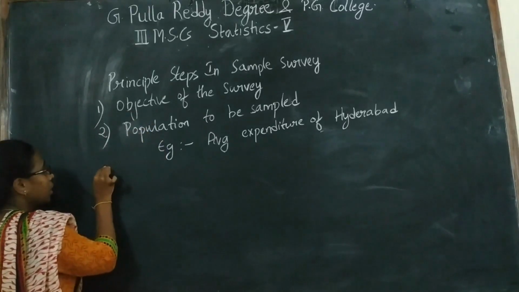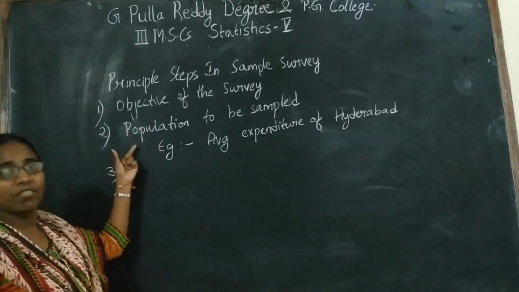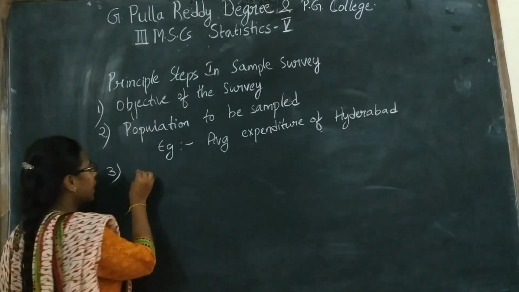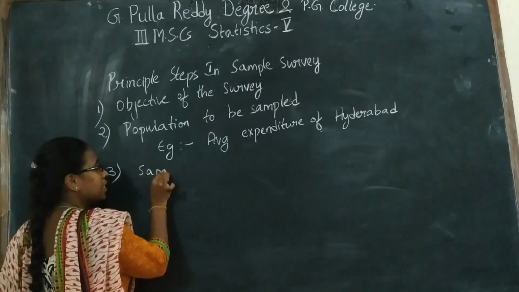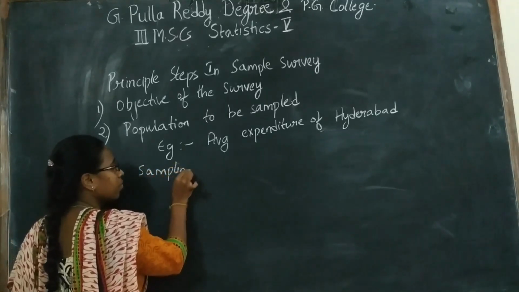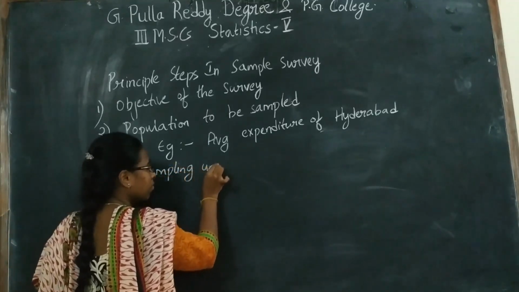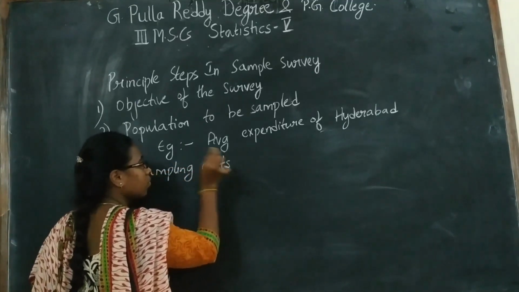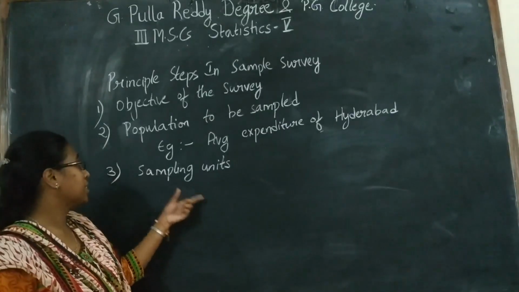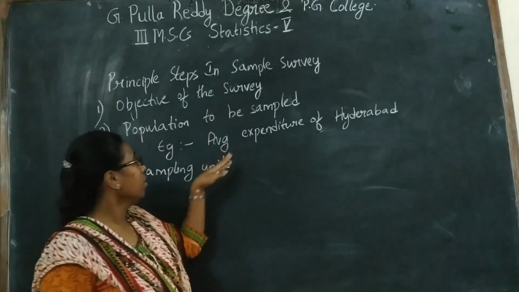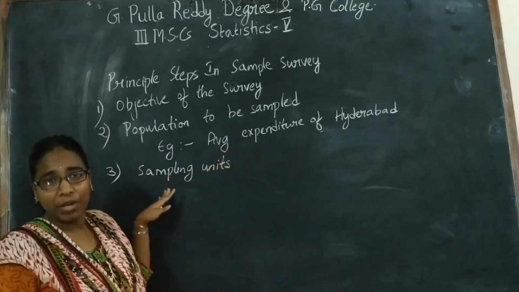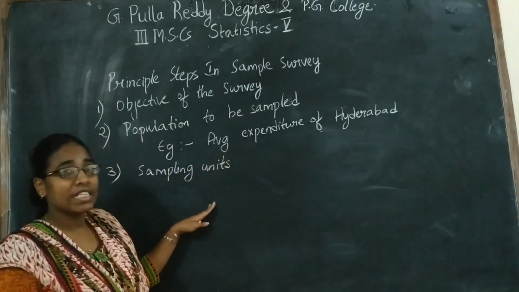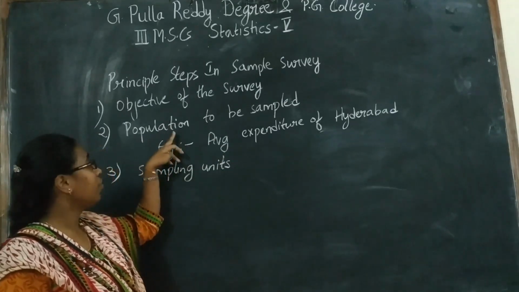Next, the third one is, after selecting the population, the next one is sampling units. So here, what are sampling units? Sampling units means the smallest possible divisions of the populations.